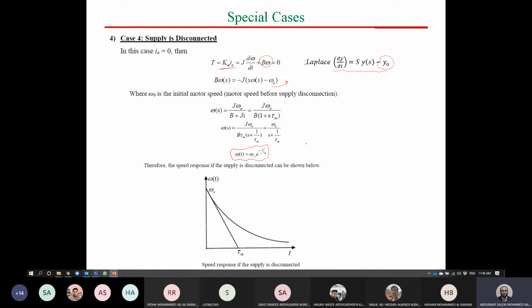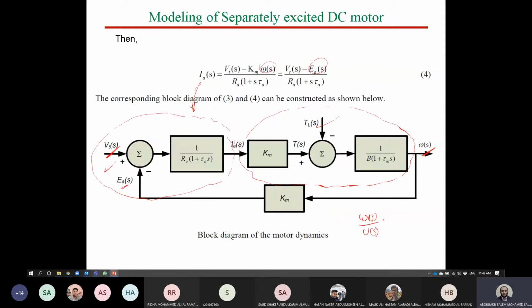All of these are special cases of the main function we made. If you have your own model, you can define all the other cases by inserting these parameters from an M file, for instance. You will have a block diagram for the whole motor, and you can define all parameters from the M file.